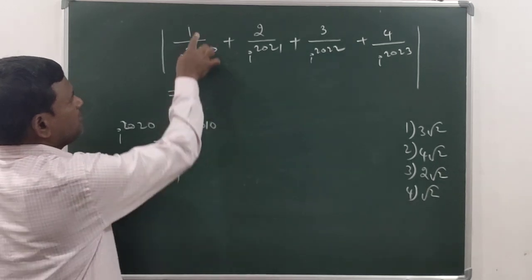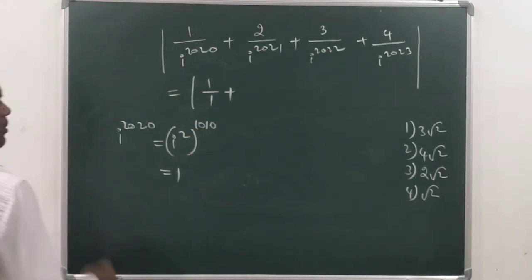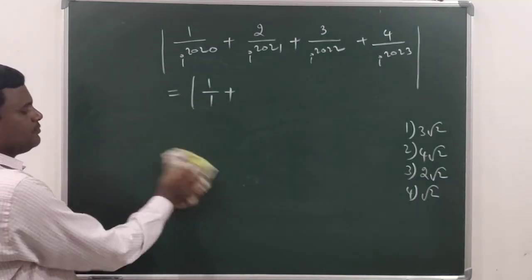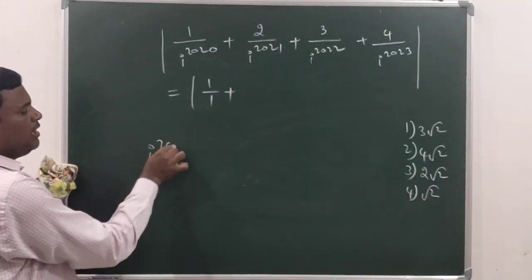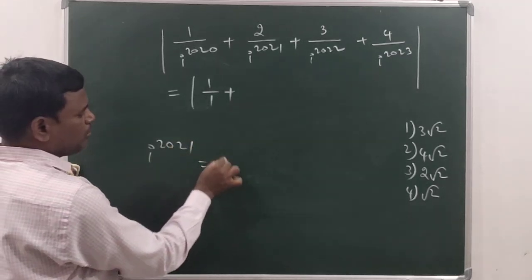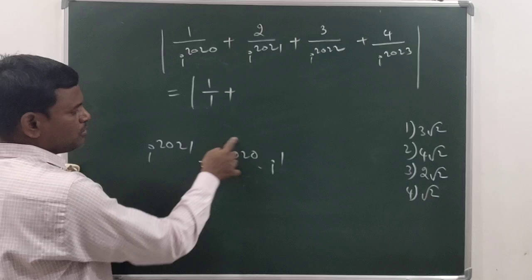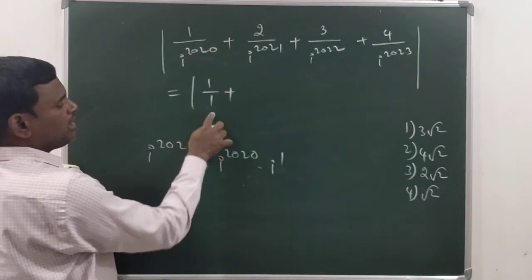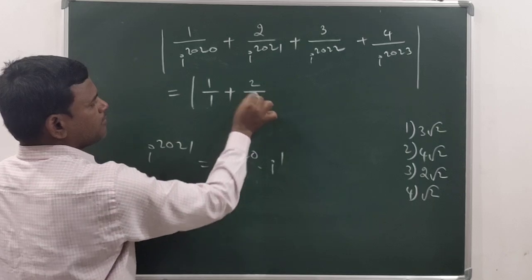So in place of this, you have to write 1 by 1. Now go to the next one. Now i power 2021 is given. You have to write i power 2020 into i power 1, which is 1. So here it is going to be 2 by i.